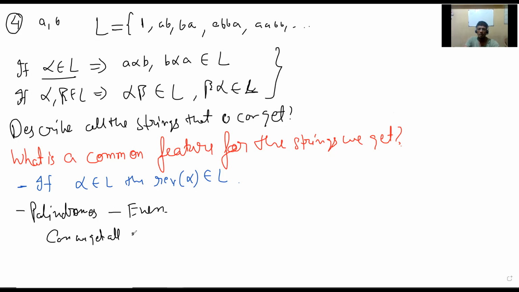No. Symmetry doesn't mean that it has to be even or odd, right? You cannot get any odd string at all.